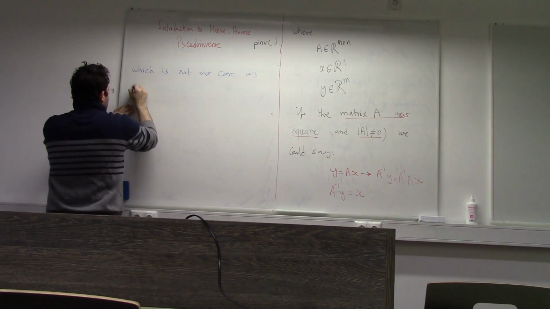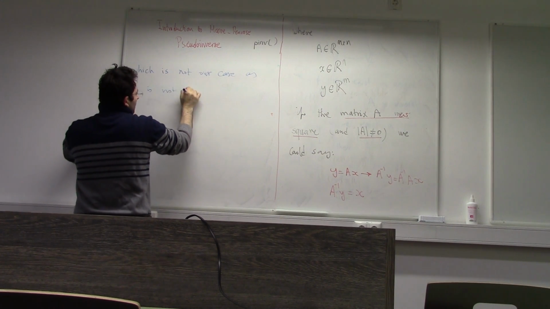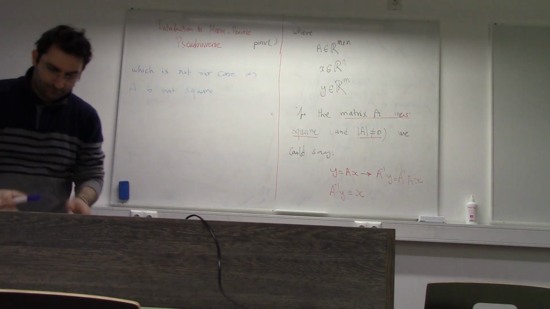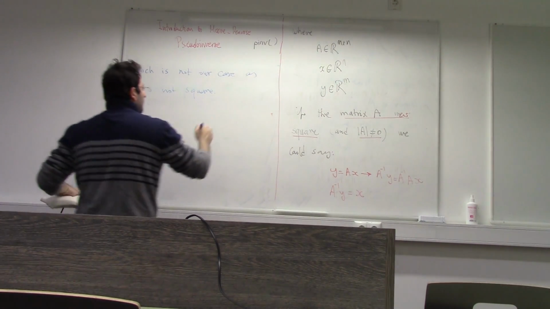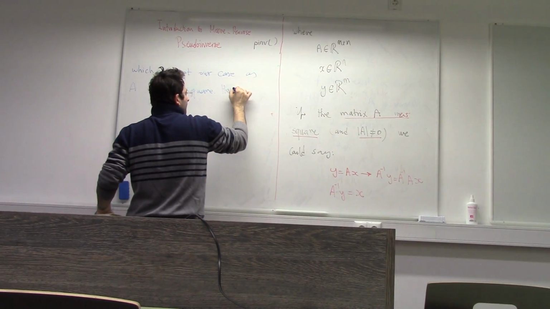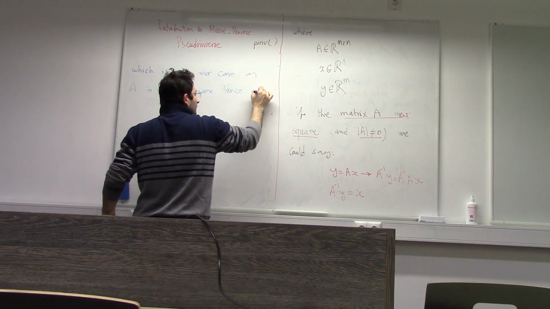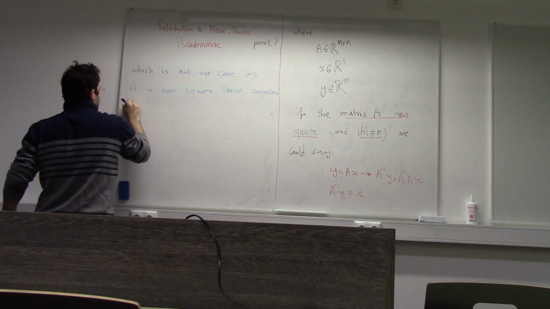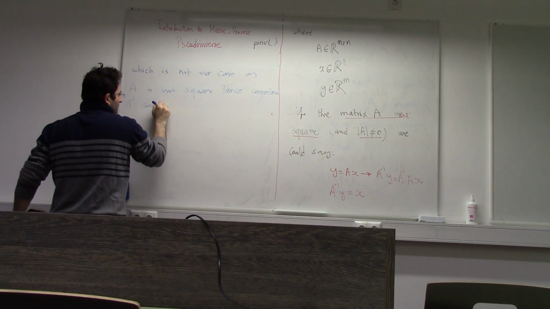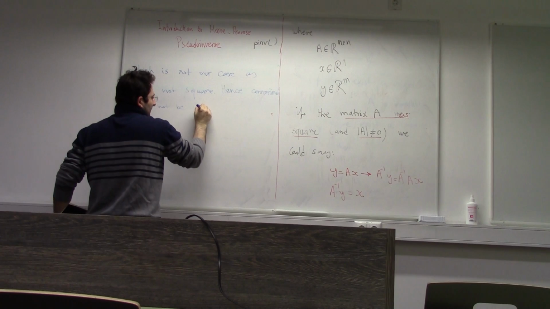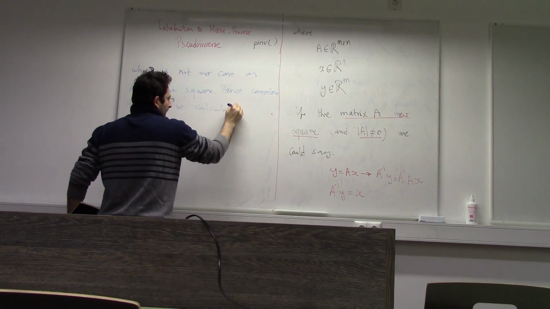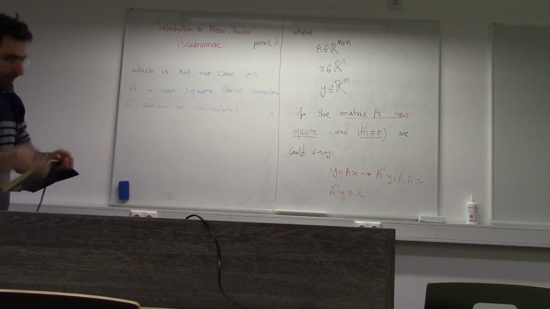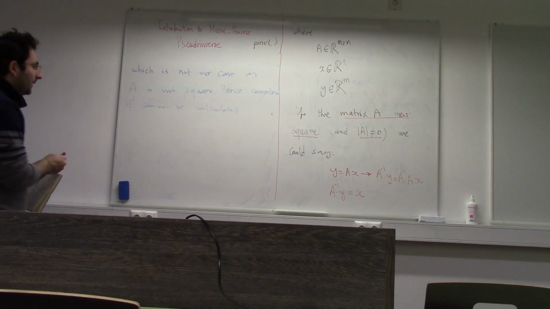As A is not square, hence the conventional A inverse cannot be calculated.